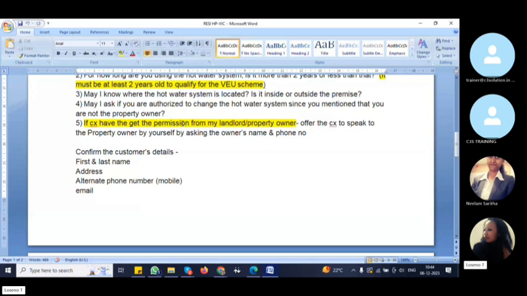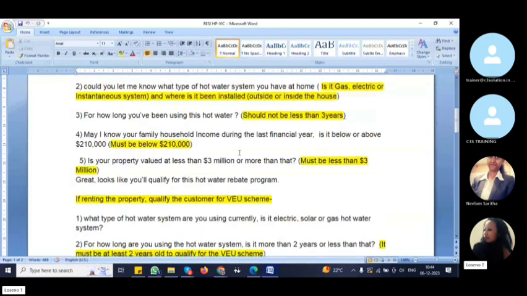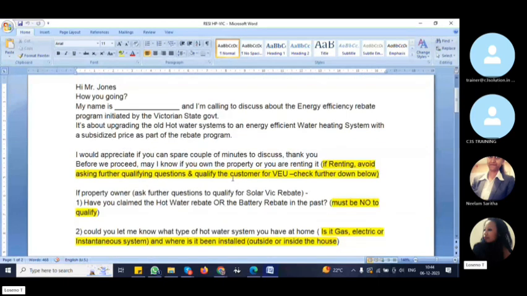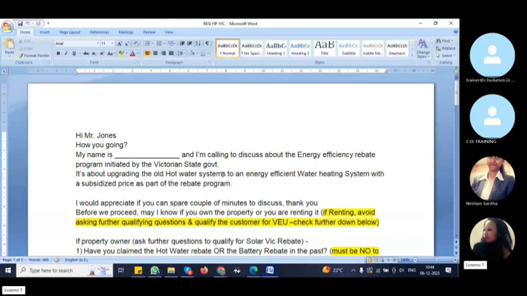These 3 questions are common. They have to be asked irrespective of whether you're qualifying the customer for solar VEET or VEU. It doesn't matter, they're just common questions to ask the customer to get this information. What type of water system you're using, where it is located, for how long you've been using the hot water system.